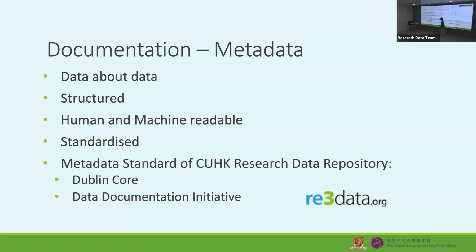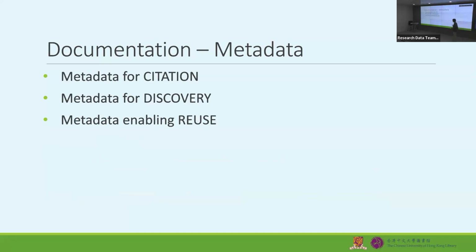It is standardized for Dataverse, which has its own standards, like DCore or DDI. These are not the main concern, but metadata is very important for getting citations in the future.